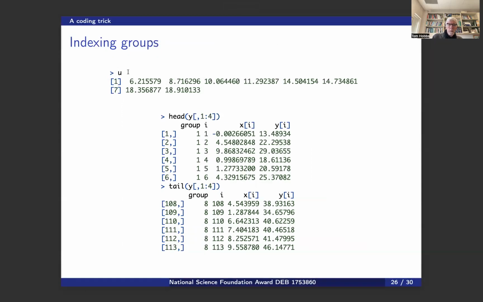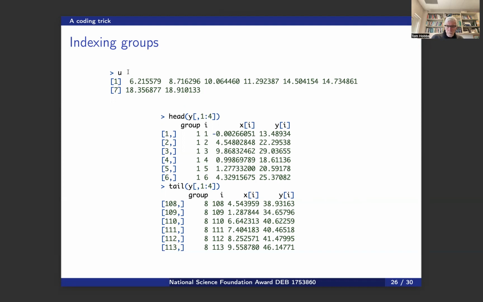The upper vector is an observation on each one of the 8 studies that I'm using in this example. And our data are shown in a tidy form. We're looking at the head, the first 6 rows of our data. In this case, we've just got an X variable, a predictor variable or covariate, and a Y. The group number is shown in the group column, and the row number is shown in i. So i goes from 1 to the total number of observations.